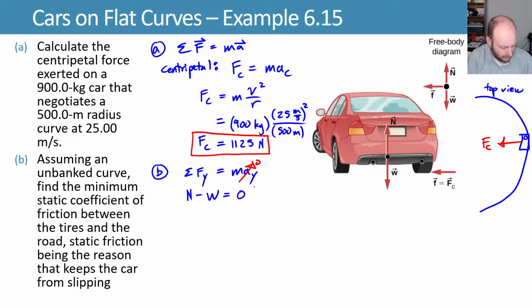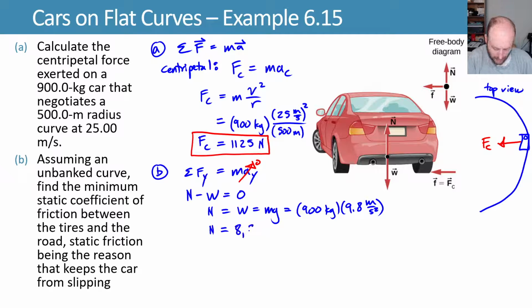That sums to 0, which means that my normal force has to equal the weight, which is mg, which is 900 kilograms times g of 9.8 meters per second squared. So we have a normal force of 8,820 newtons.